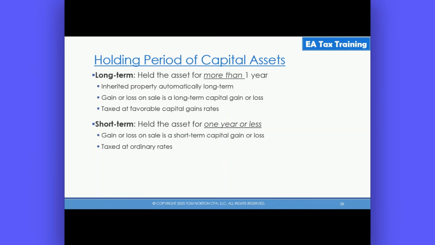And you need to know the answer. The answer here is it is a short-term gain, because that is exactly 1 year, July 1st to July 1st. That would be a short-term capital asset. It has to be more than 1 year in order to be long-term. So you want to make sure you remember that distinction.